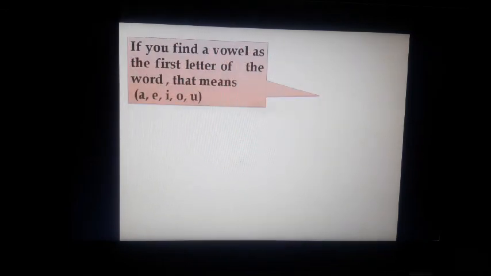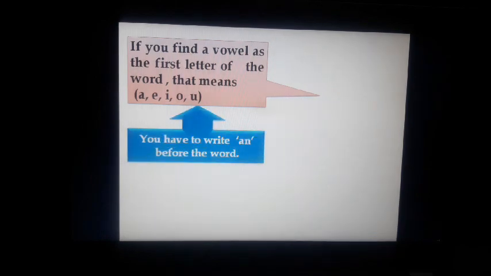Let's see. And always remember, if you find a vowel as the first letter of the word, that means a, e, i, o, u, then you have to use an before this type of noun word. Look at the example.